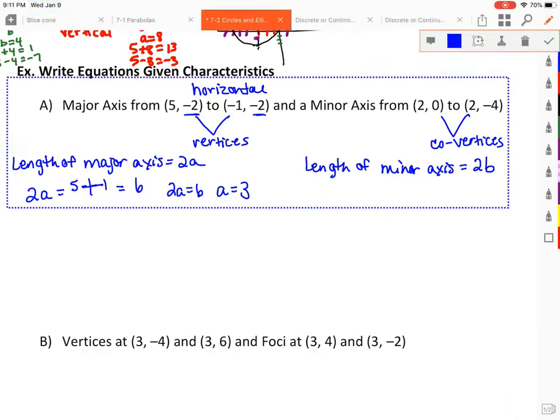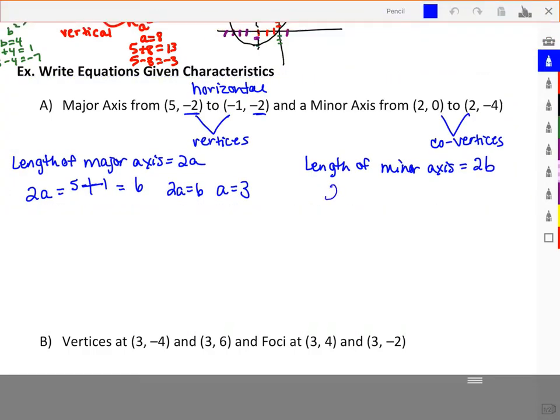So 2b is equal to 0 minus a negative 4, because there's no distance on the x's, it's just on those y's. So that's 4. So 2b equals 4, which means that b is equal to 2. Okay, so I found my a and my b.